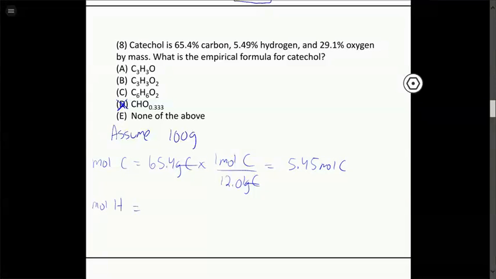Moles of hydrogen is 5.49 grams of hydrogen. That's hydrogen atoms, and we convert that into moles using its atomic mass, which is 1.008.